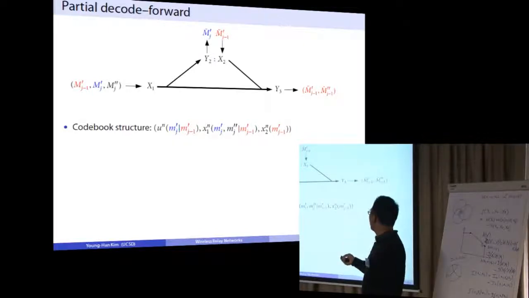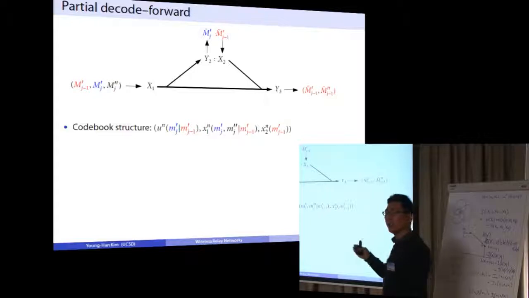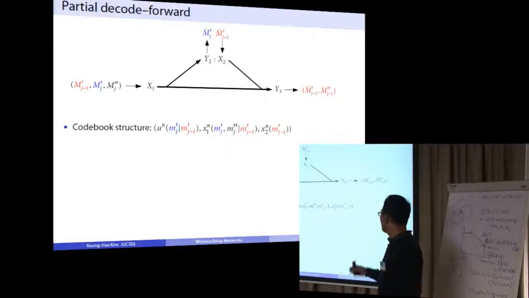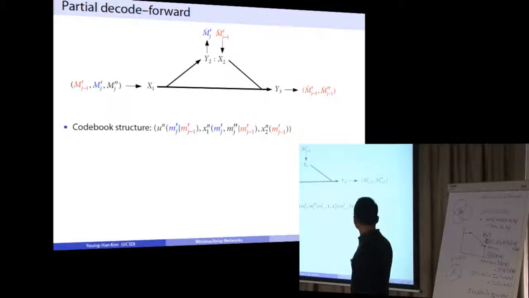The double prime message is not recovered at the relay, but still the receiver would like to recover that. So that is the idea of partial decode forward. And how do we implement this? We implement this using superposition coding. The relay part is exactly the same. The relay is using the X2 codeword to forward the prime message.